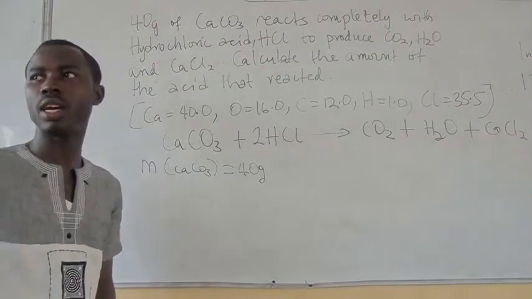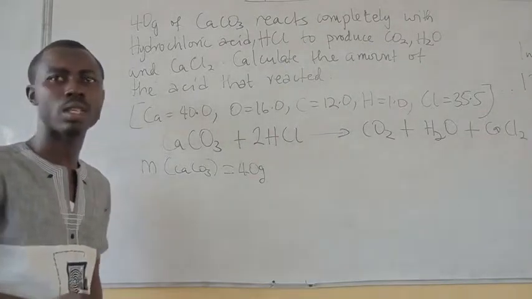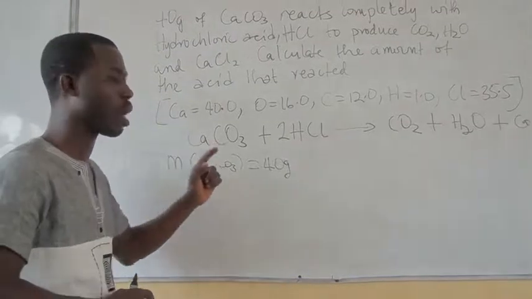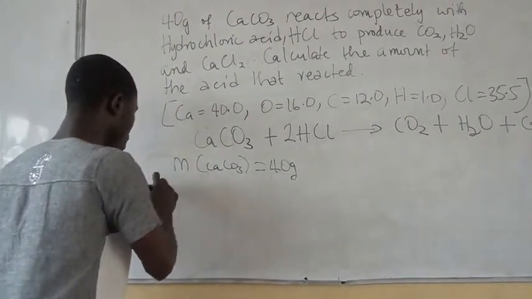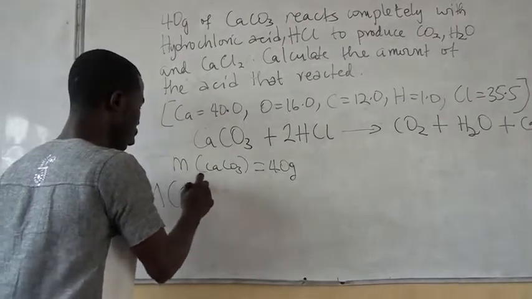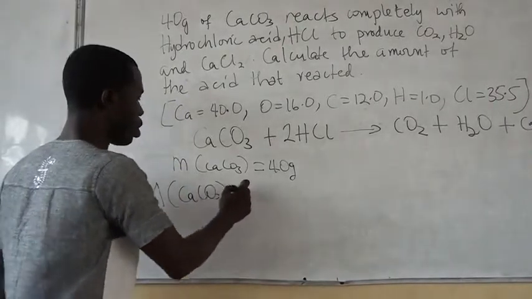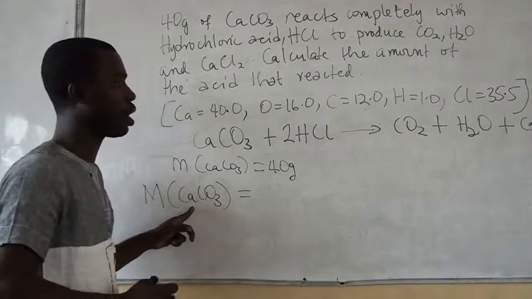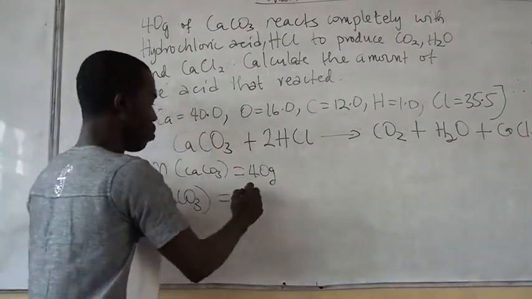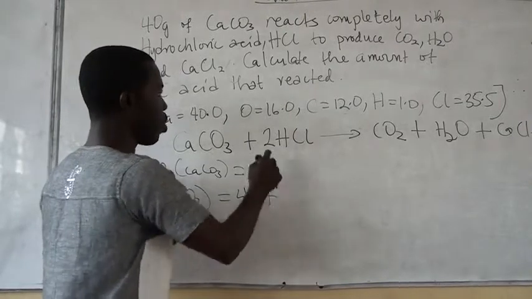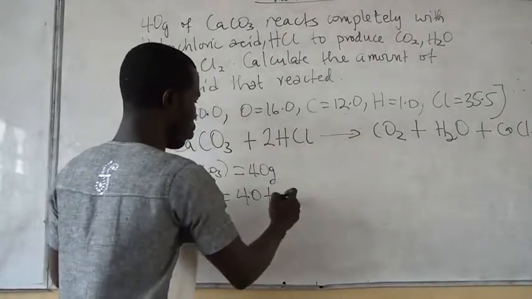First thing, you find the molar mass of the calcium carbonate. Good. So let's all calculate. Find the molar mass of the calcium carbonate. Good. Calcium is 40. Can you see that? Plus carbon, which is 12.0.